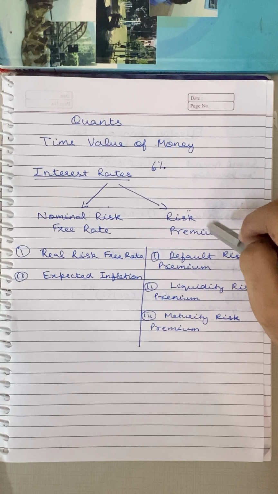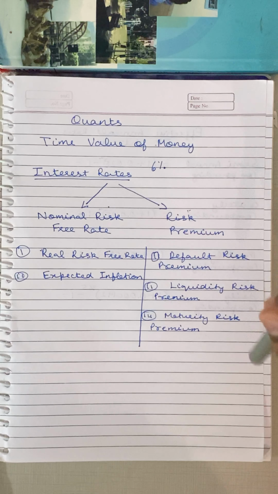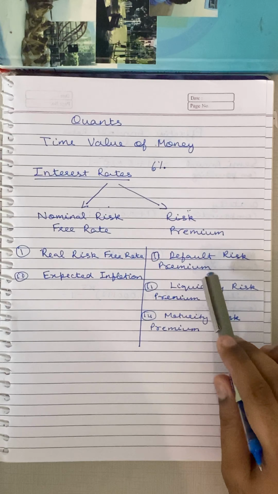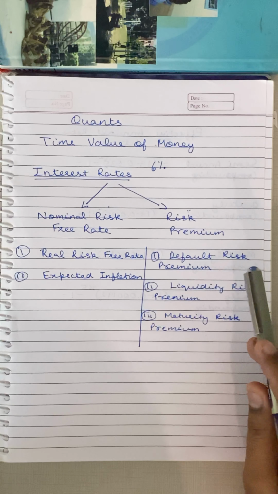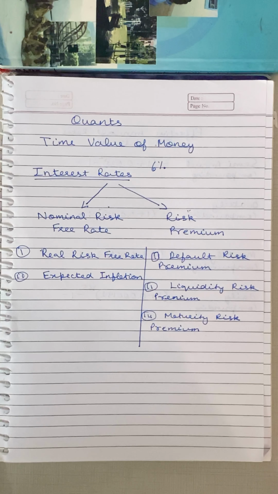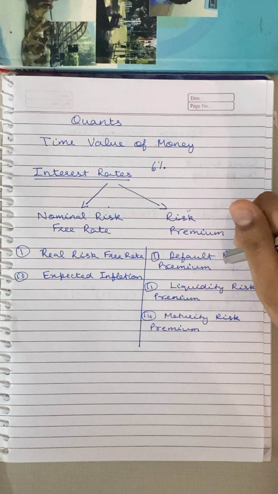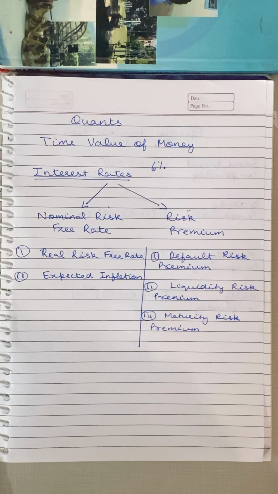Now we will talk about the risk premium. The risk premium includes the default risk premium. If a person has defaulted before, or has a bad CIBIL rating or something like that, that might lead to banks charging you a higher interest rate. Another is the liquidity risk premium.